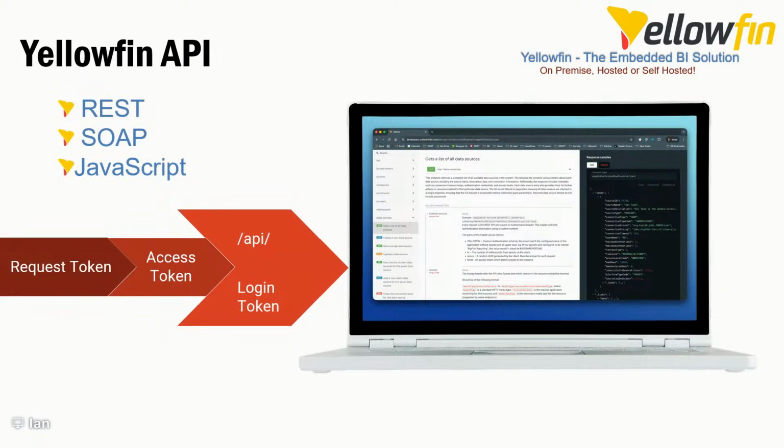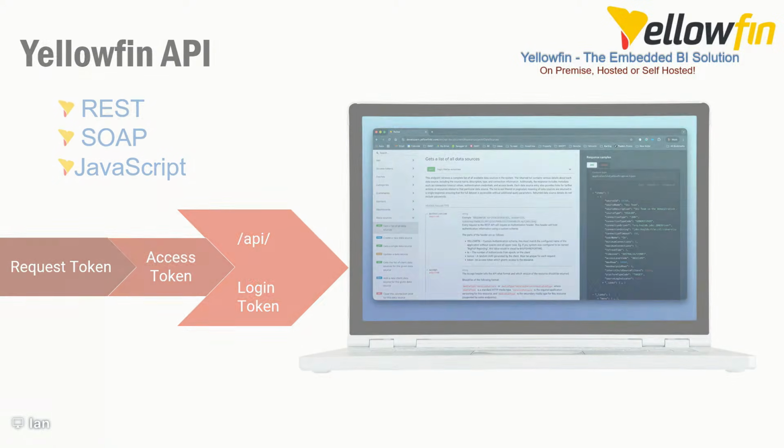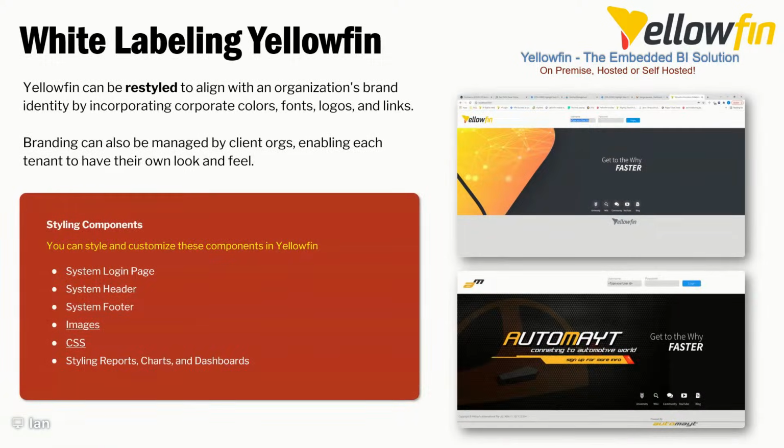REST, SOAP, and JavaScript APIs, as I just mentioned, get the thing embedded into your product. It really works on the principle of tokens. If you've used any kind of APIs, you're probably familiar with that idea as well. And of course, once you embed it into your product, you can white label it as well.